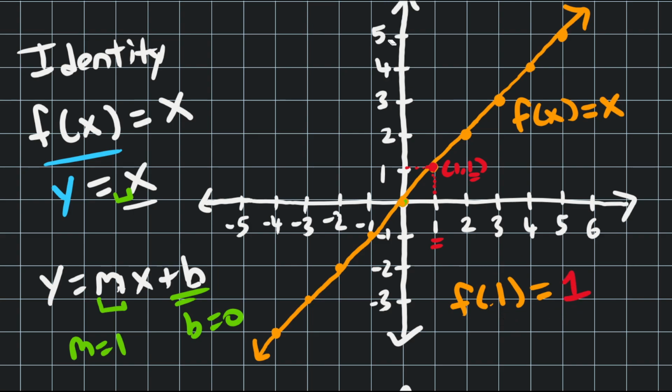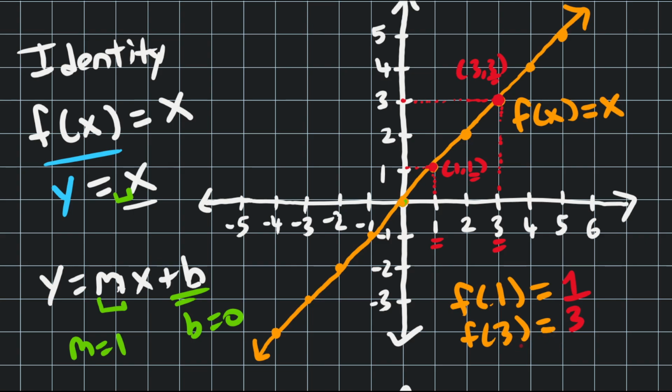And let's find f of 3. 3 is right there. We'll draw a dotted line going up till we hit the line. This point is 3, 3, because it touches 3 on the y-axis as well. So f of 3 is 3.